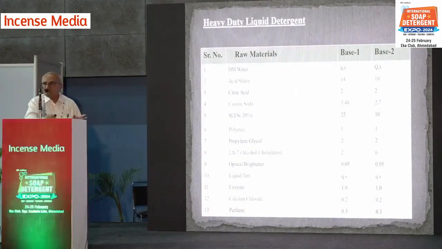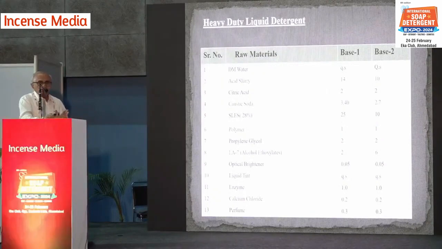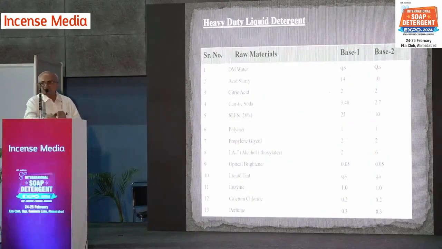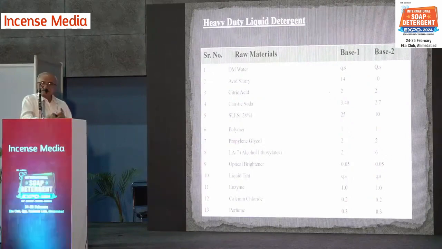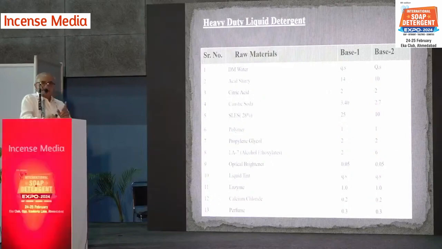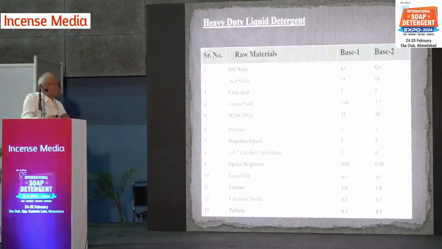Now these are heavy duty liquids. In heavy duty liquids, you have to match the detergency with high quality detergent powders. Here the actives are also increased. Then citric acid is added, which gets converted into sodium citrate, which acts as a chelating agent.